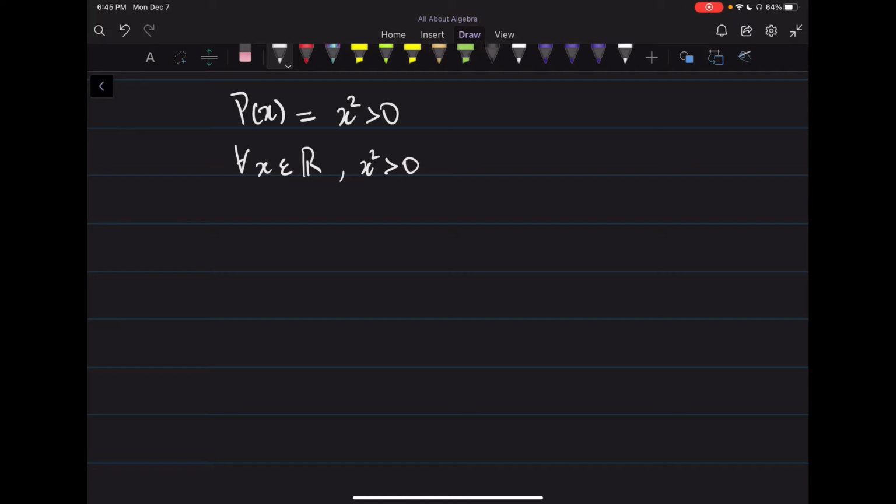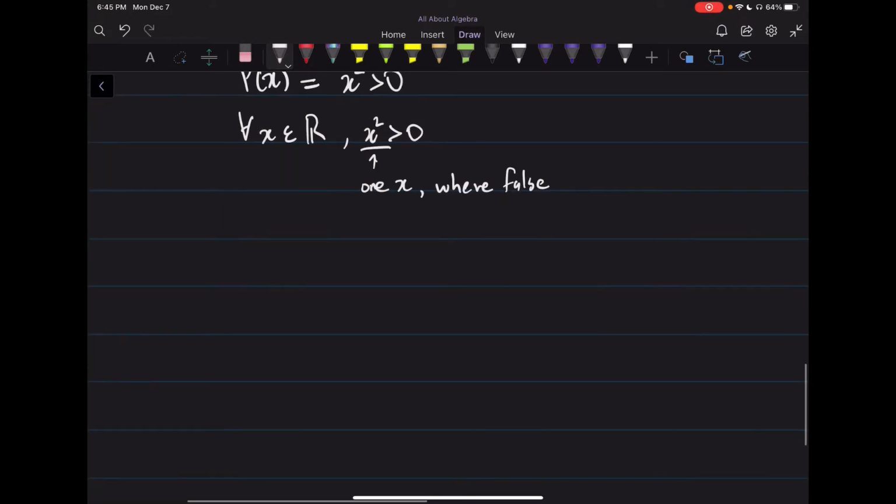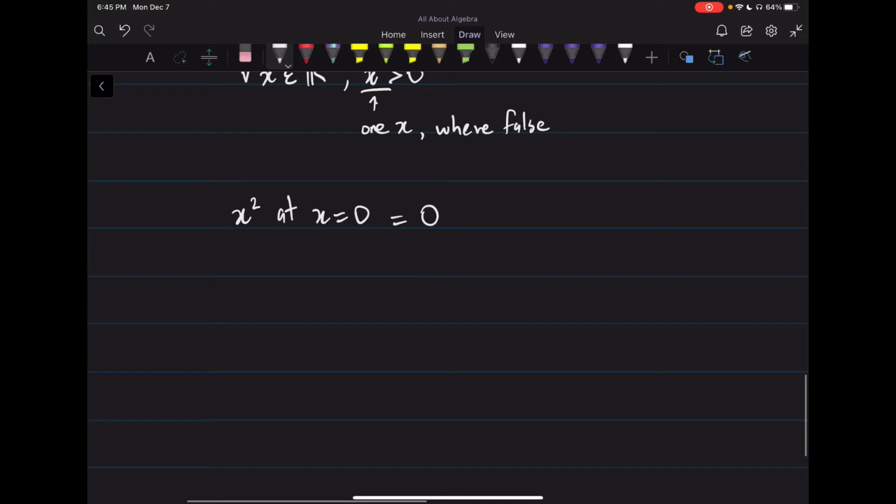Then we need to consider some value of x where this is not true, where it's false, right? Well, x squared at x equals 0 is equal to 0, and 0 is not greater than 0.